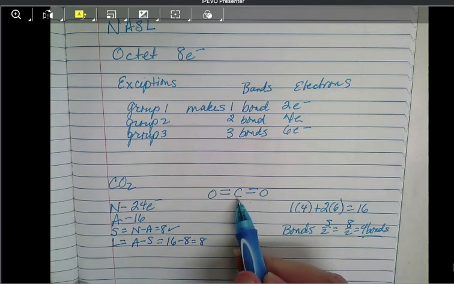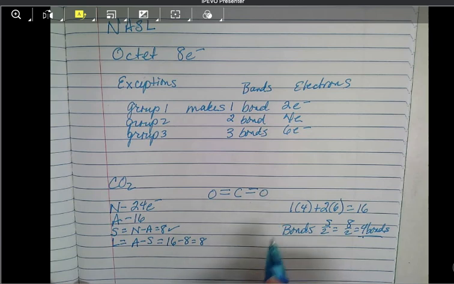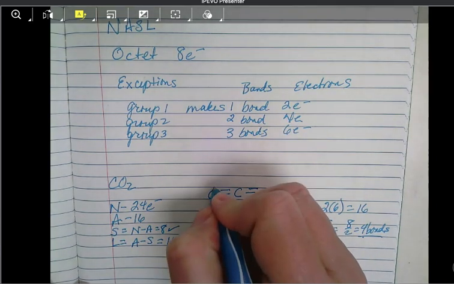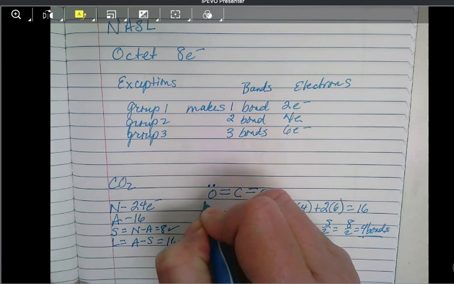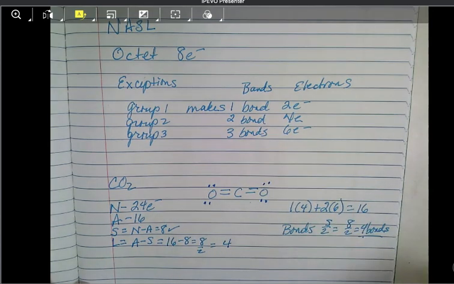Carbon already has 8 electrons, so it's not going to receive any dots. The oxygen atoms will each receive dots. I have 2 oxygen atoms, so this time I'm going to divide by 2 to see how many dots to put on each atom. And that's going to be 4. So I'm going to put 2 here, 2 here, 2 here, and 2 here.